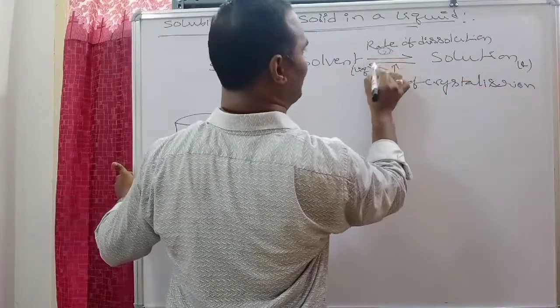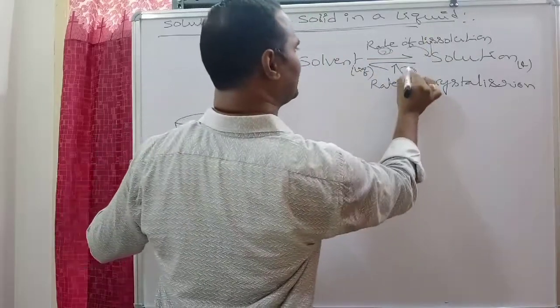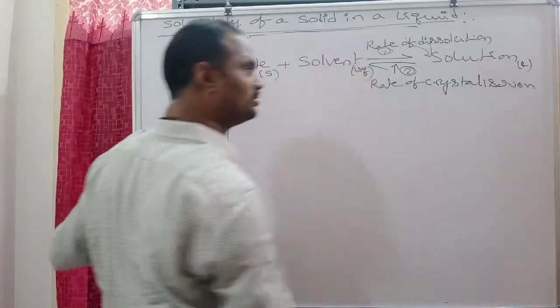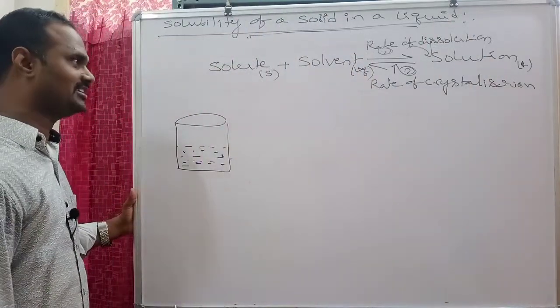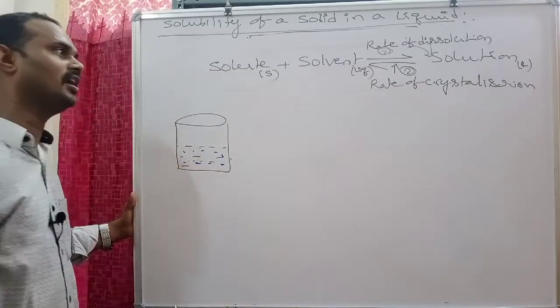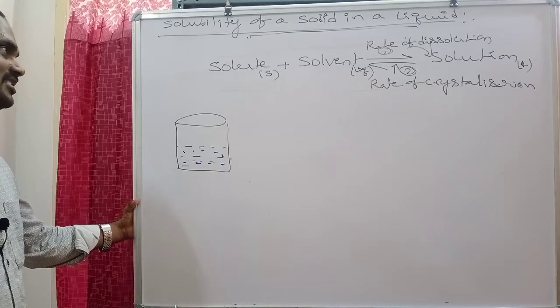Suppose 2 particles per second dissolve here, in the same way 2 particles come out from the solution, so there is no net change of solute particles in the solution. So once equilibrium is attained, the concentration of solute in the solution does not change.